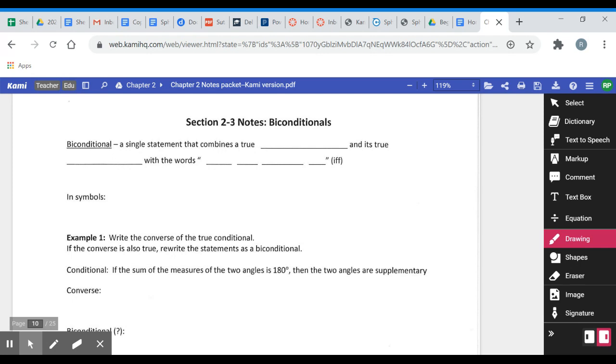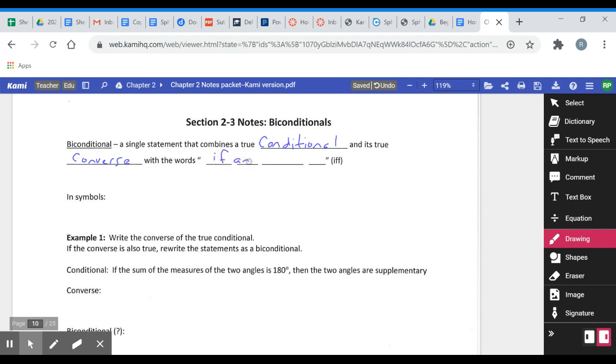So a biconditional is a single statement that combines a true conditional and its true converse with the words "if and only if."